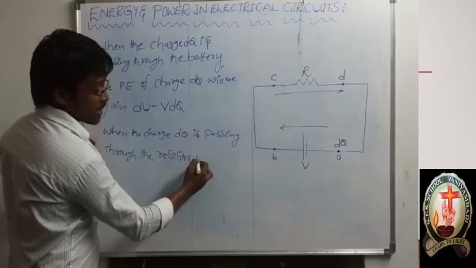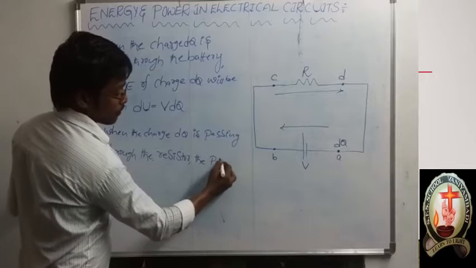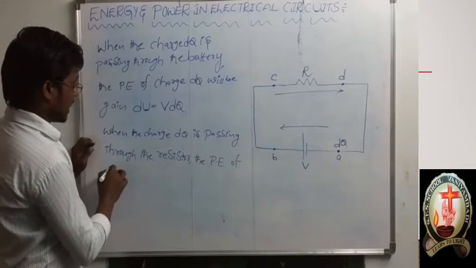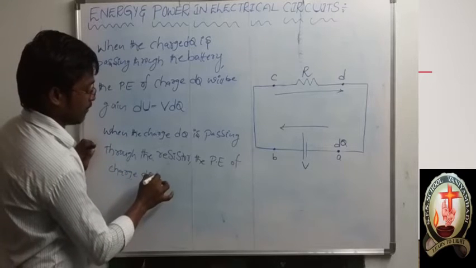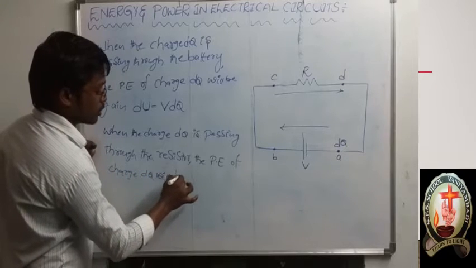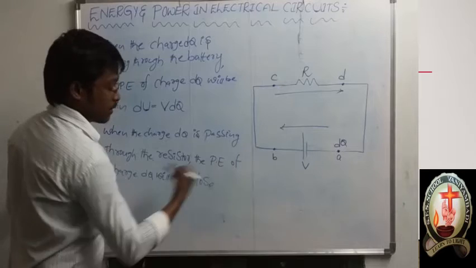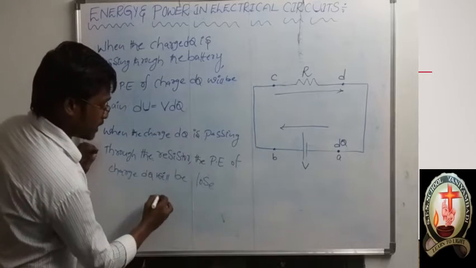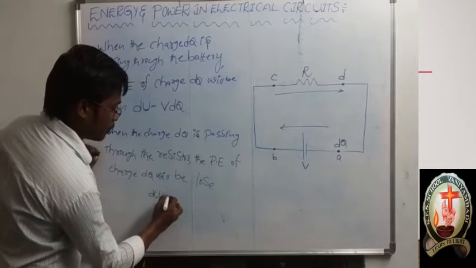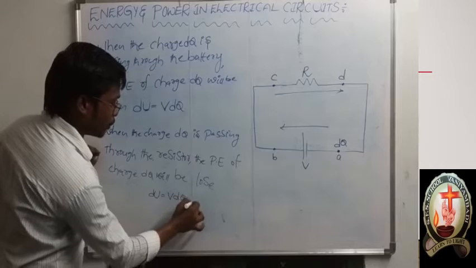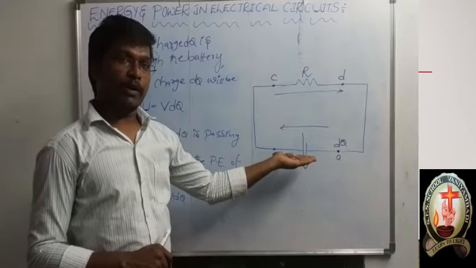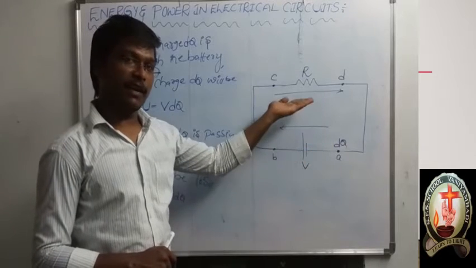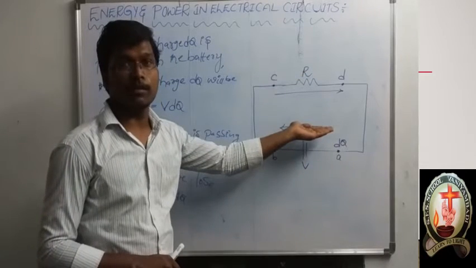Here, the potential energy of charge dq will be lost. How much? Same only. dU is equal to V into dq. Whatever amount of potential energy is gained here, that much will be lost here.